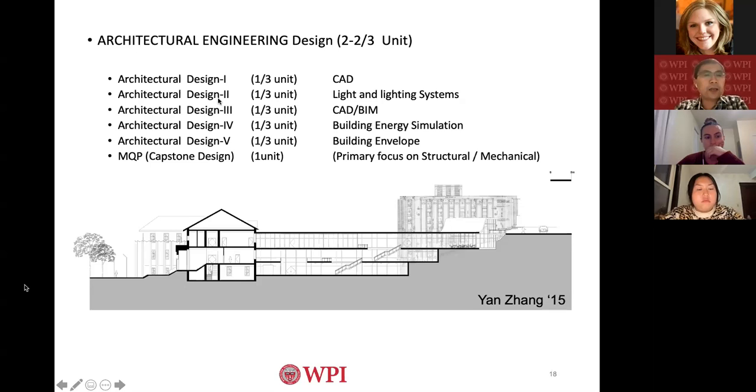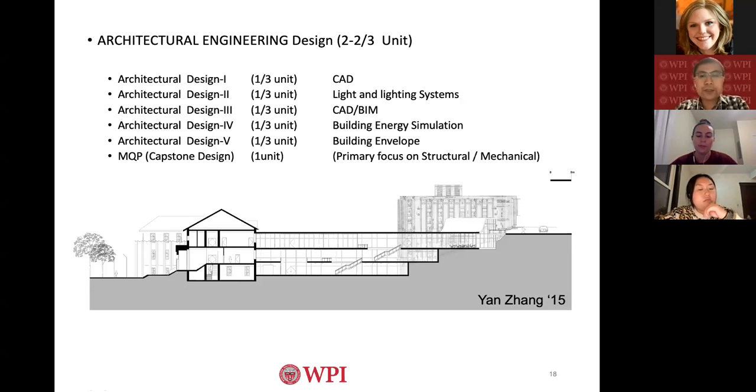Design Studio 1 is basic CAD, computer aided design. The second one is about the lighting system. And the third one is mainly BIM. BIM is building information modeling. Most design firms or design practices rely on these techniques or software to design buildings, which can provide integrated design among different disciplines.